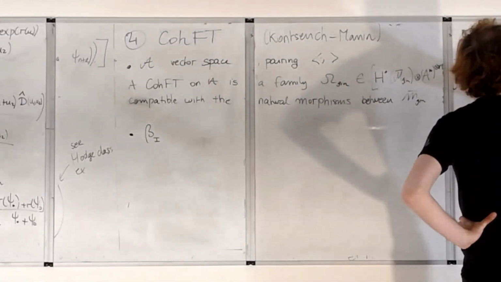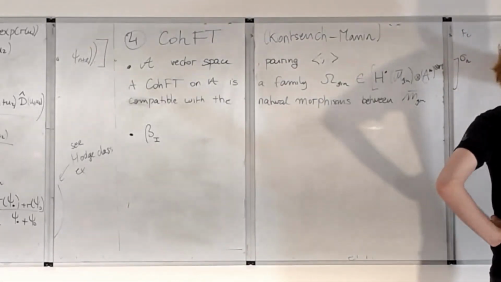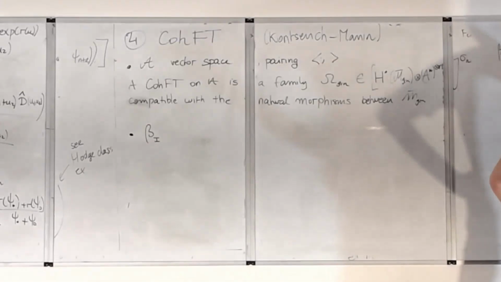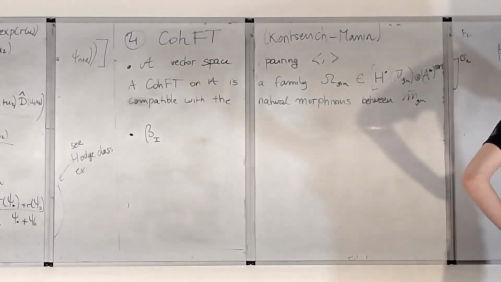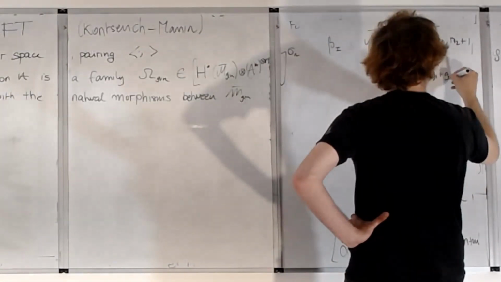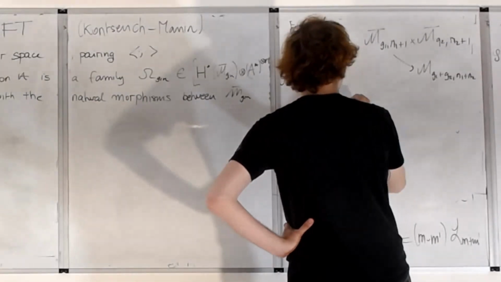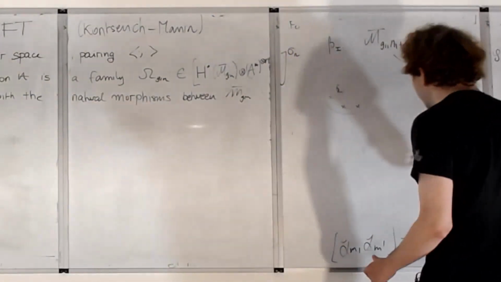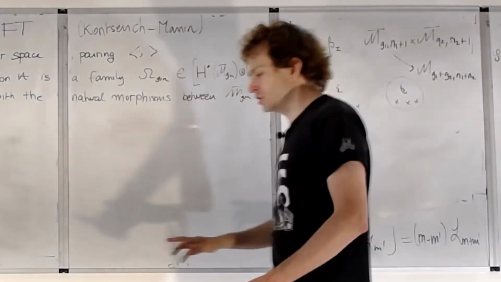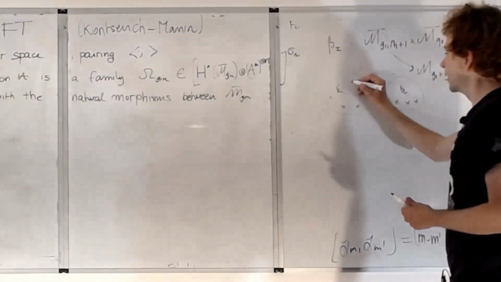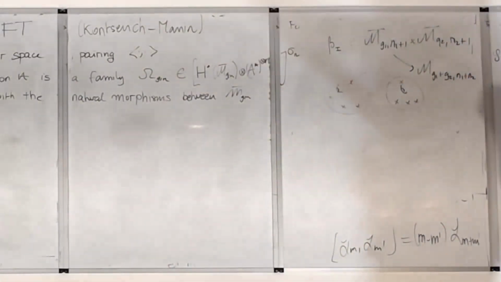Beta 1 was going from M g1, n1 plus 1 cross M g2, n2 plus 1 to M g1 plus g2, n1 plus n2, and it was taking two stable curves with some punctures which have their own labels plus the last puncture, and attaching that together to form a node.